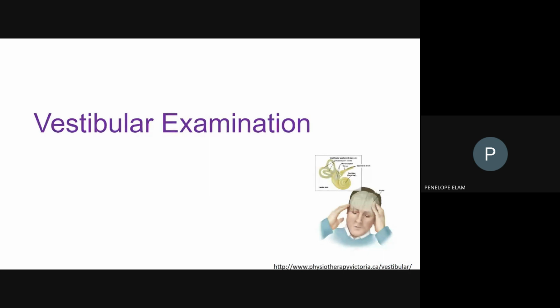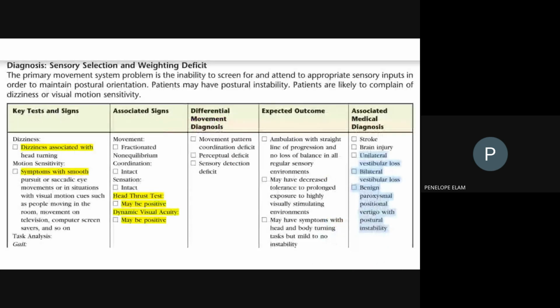So good morning. We're going to talk about vestibular examination today. The big thing that I want to touch base with before we do a lot of talking about vestibular is just which category it falls in when we think about movement system diagnoses. Any kind of vestibular disorder that we're talking about, we're going to be thinking that it's falling under the sensory selection and weighting deficit.